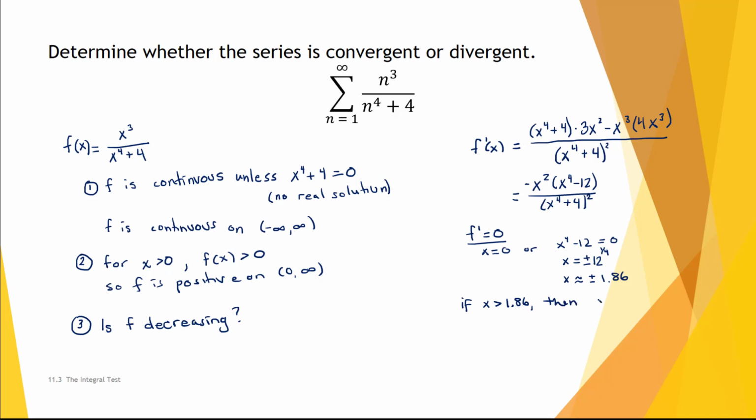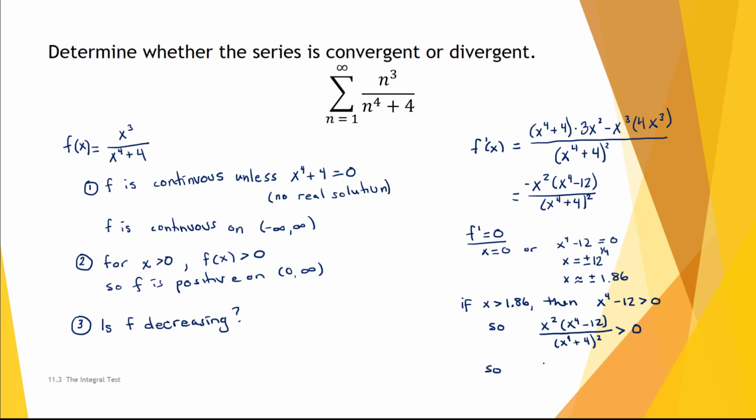Well, then we know x to the fourth minus 12 is greater than 0. So x squared times x to the fourth minus 12 divided by x to the fourth plus 4 squared is greater than 0. We know this because x squared and the denominator x to the fourth plus 4 squared, being squares of real numbers, are both positive.